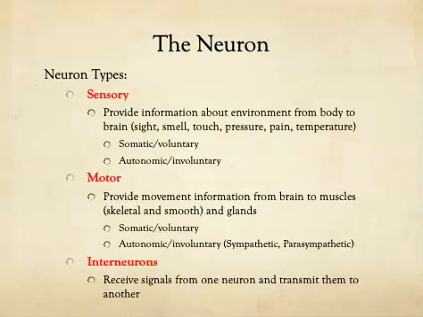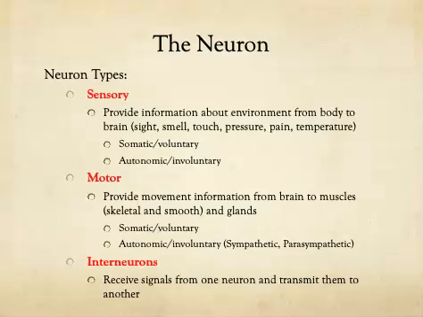So let's take a minute and talk about the three different types of neurons. So these are, again, the three categories of neurons that you can find throughout the nervous system. There are sensory neurons, there are motor neurons, and there are interneurons.